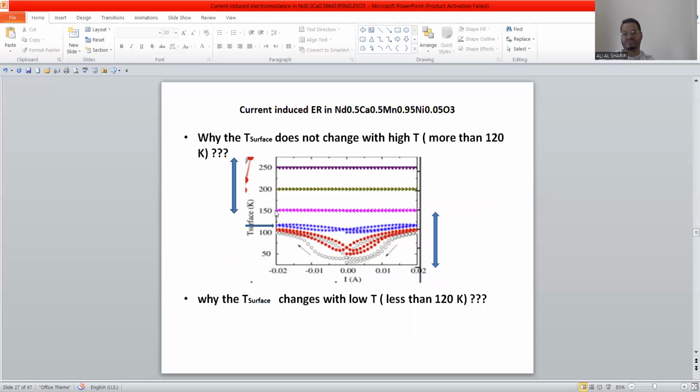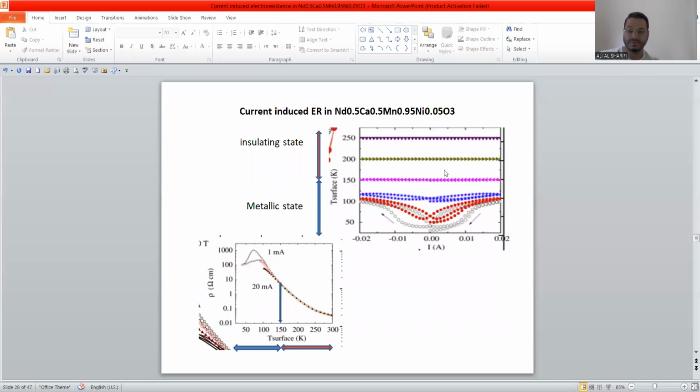Here we have a question. Why does the T surface not change at high temperature, and change at low temperature, less than 150? This plot explains to us that we have two different states. The first one, 150 and more, is the isolating state, antiferromagnetic.